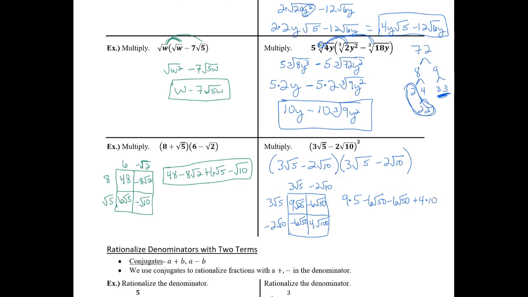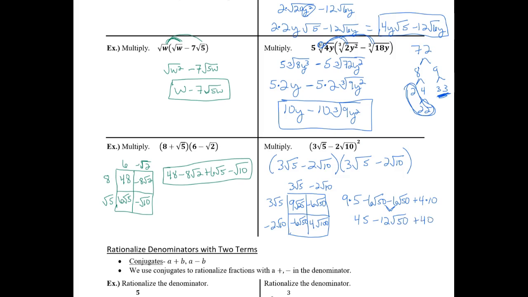That's also a perfect square. Alright, still not done. We've got some like terms here, and I'm going to multiply. 9 times 5 is 45. Negative 6 square root of 50 minus 6 square root of 50 is negative 12 square root of 50. And 4 times 10 is 40.